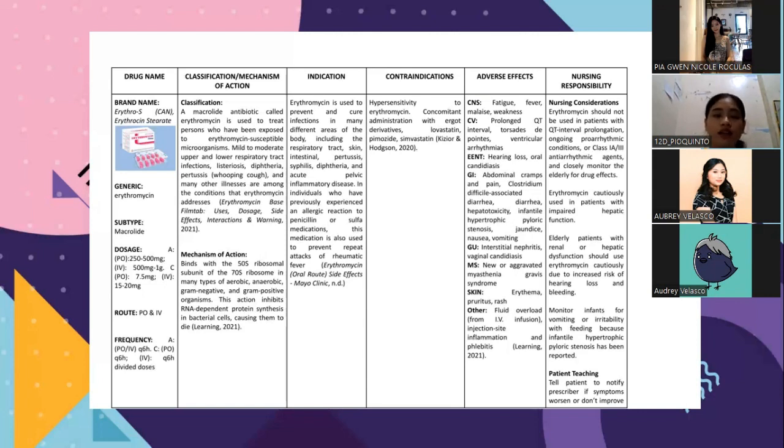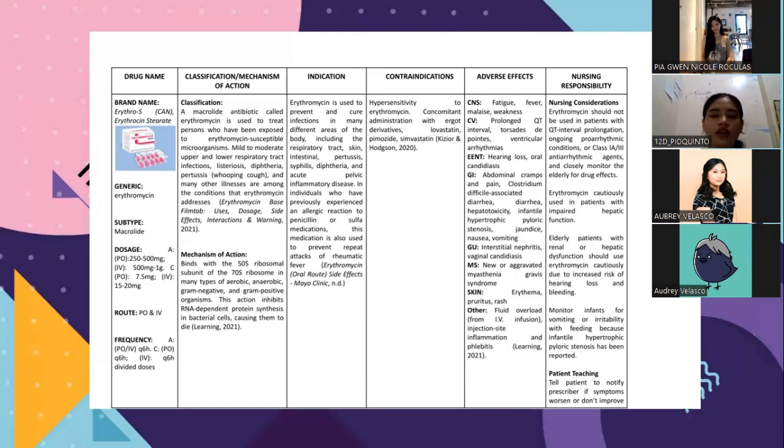So in the mechanism of action, erythromycin works by a specific mechanism of action. It binds with the ribosomal subunit of the 70S ribosome, which is a component found in many types of aerobic (oxygen requiring), anaerobic (oxygen averse), gram-negative, and gram-positive bacteria. This binding action disrupts the normal process of RNA-dependent protein synthesis within the bacterial cells.